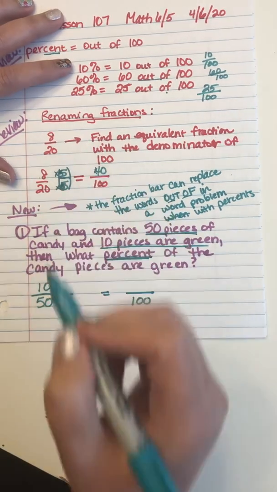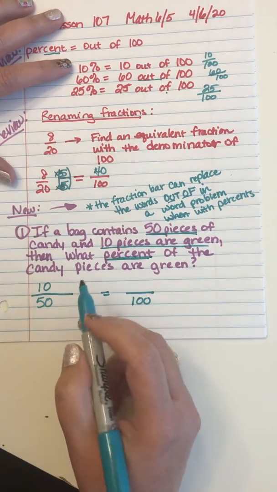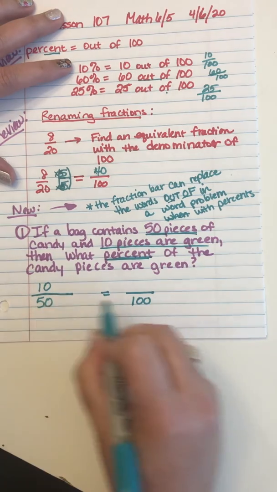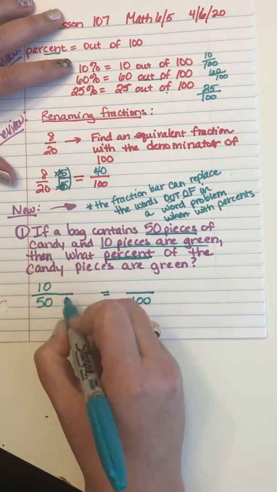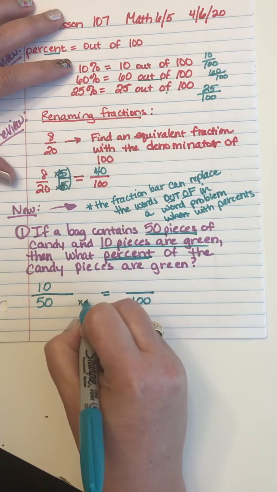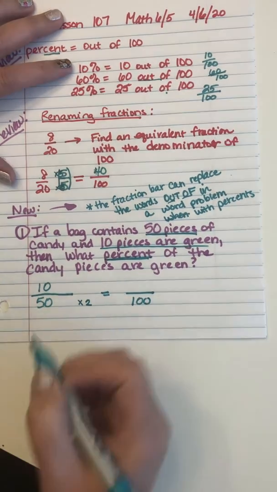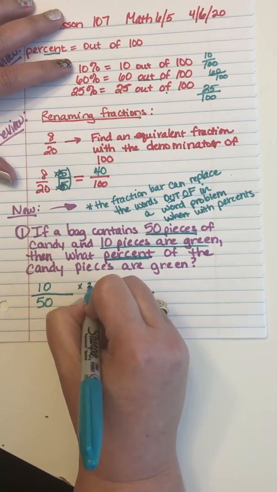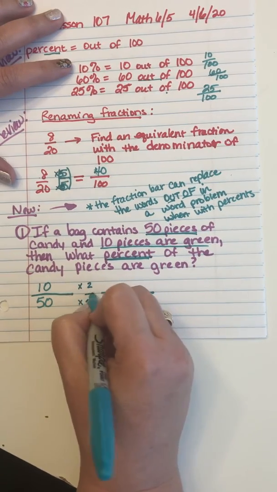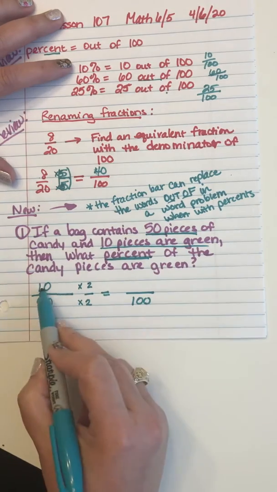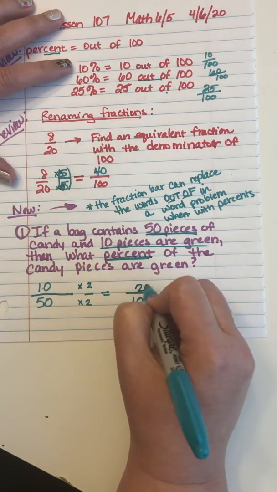So I rename my fraction. To go from 50 to 100, I have to multiply my denominator by 2. I have to do that to my numerator too, because 2 over 2 is the same as 1. So 10 times 2 is 20.